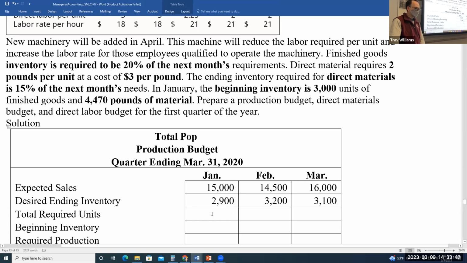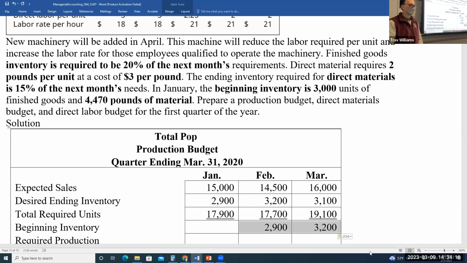So we can add those together to get required units for each month. And then we have to subtract beginning inventory. So we know ending inventory for January is beginning inventory for February, right? Ending inventory for February is beginning for March. We can just kind of stagger it like that. And they gave us beginning inventory for January, 3,000 units.